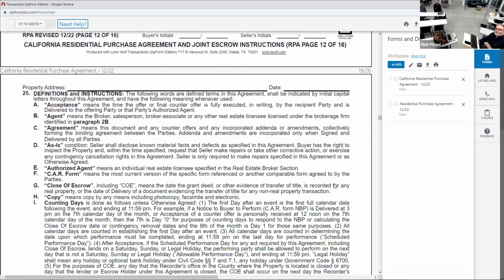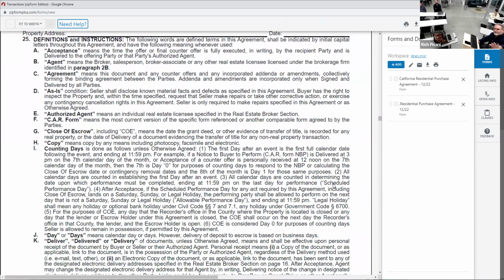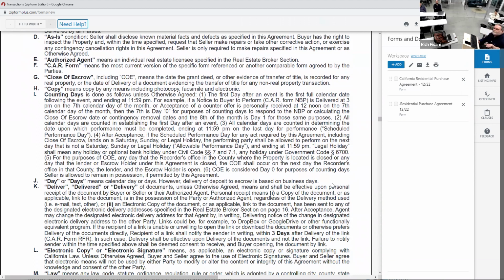Then there are all these definitions of as is, the agreement, close of escrow. Counting days is confusing when you're dealing with a notice to perform. It cannot end on a weekend or a holiday. So if you give a notice to perform on Thursday, day one is Friday, day two is Saturday, but it can't end there.